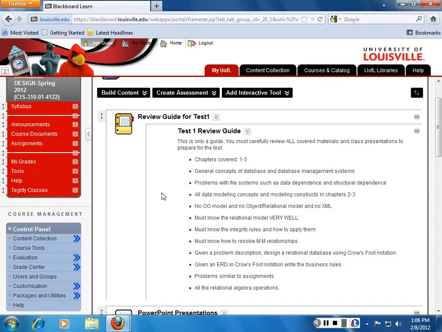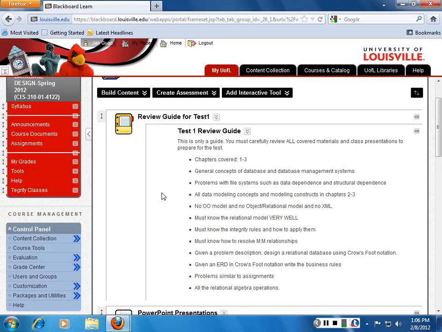There are specific topics that I mentioned that are not going to be on the test. They include, for example, the network model, the object-oriented model, and XML, and I also said left join and right join won't be on the test. Pretty much everything else in the first 3 chapters is going to be on the test.